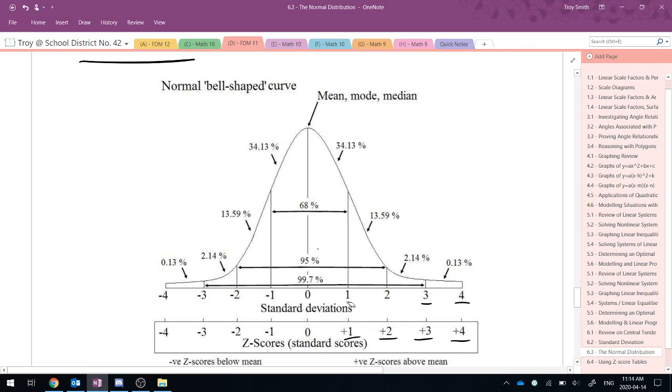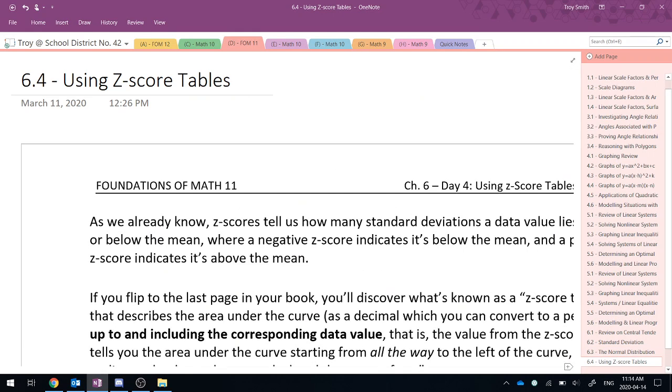But what happens if we have a data point that's not a whole number z-score away? What if we get something like 1.5 or 2.1? That's what we're going to talk about today.